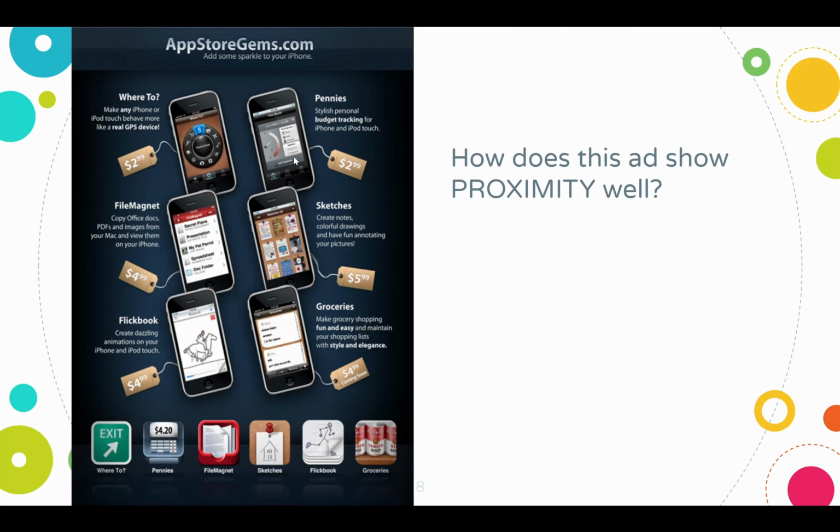Next to each of the cell phones and the app that they're trying to sell, they have the information about the app, and they have the price tag for the app attached to or right next to the individual phone showing the photograph sample of that app. So they're doing it for each one. We get it after we look at one that all of them are going to be the same way.